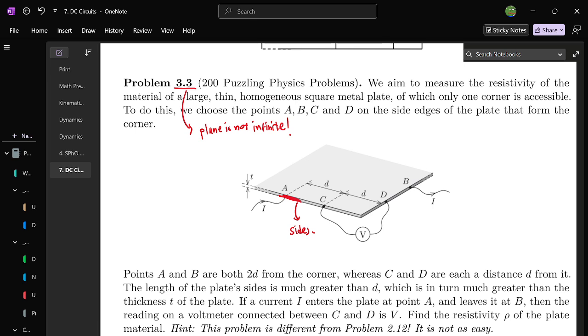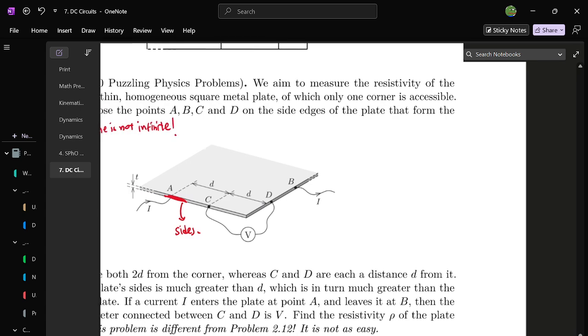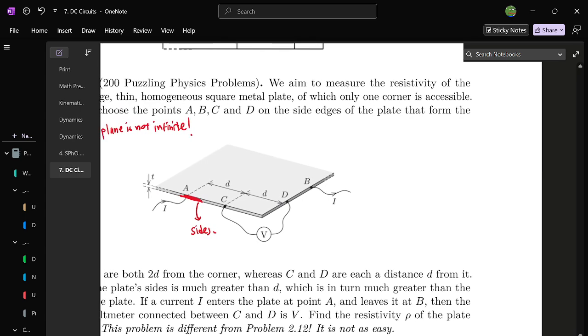And for a plane, there's this thing called the boundary condition. Basically, it states that the current density must flow parallel to the edges of the plane at the edges. And it's not automatically satisfied when you have a situation like this.